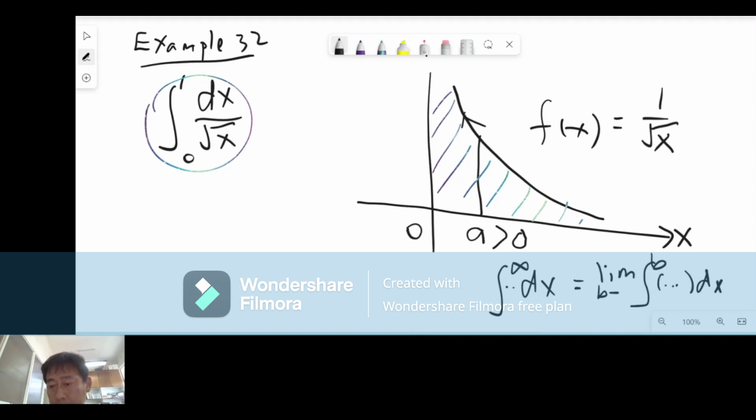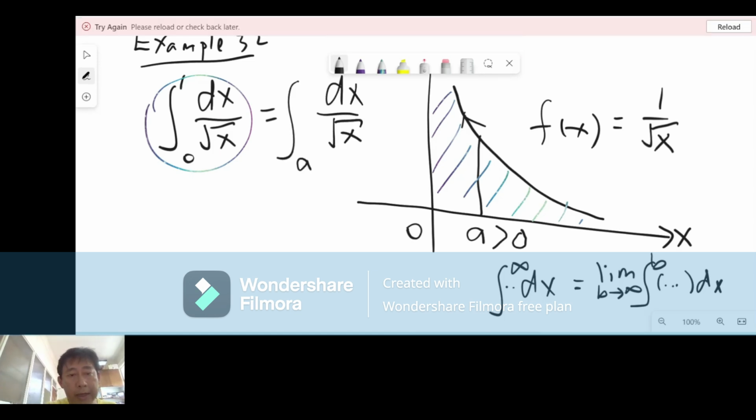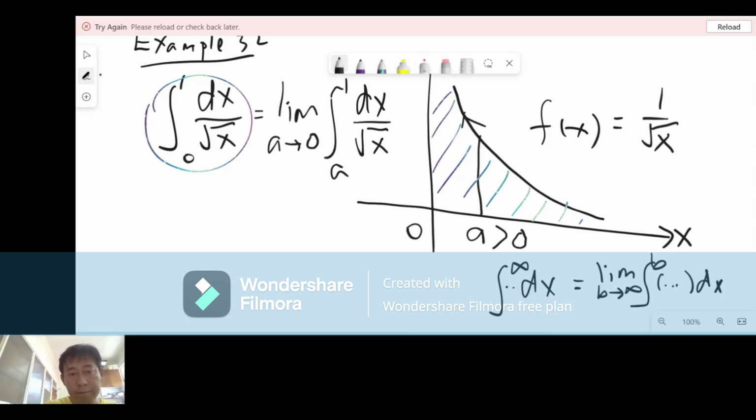After that, we make b go to infinity. This is a strategy deployed in evaluating improper integrals of the first kind. In the case of the improper integral of the second kind, we do the same trick by replacing the lower limit, where the function is not defined, by a. We will take the limit of a going to 0 from the right.